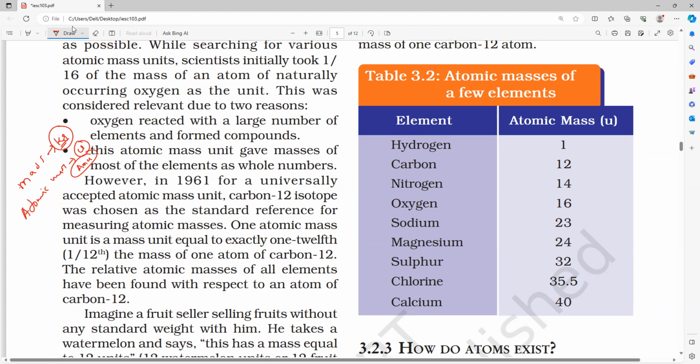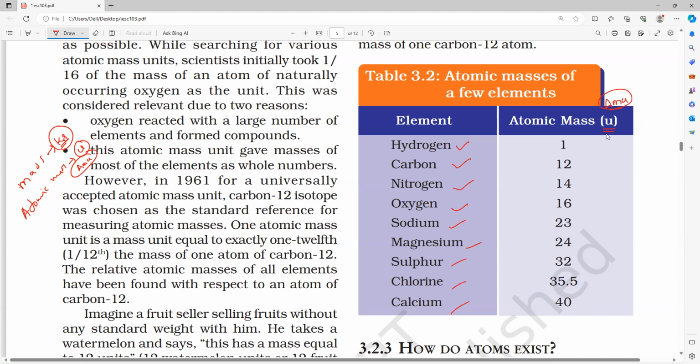Now remember, this is the tabular column. I am giving a count of 10 elements, 1, 2, 3, 4, 5, 6, 7, 8, 9 only there. If you take hydrogen, what is the unit of atomic mass, everybody? U, or we can say AMU, atomic mass unit.